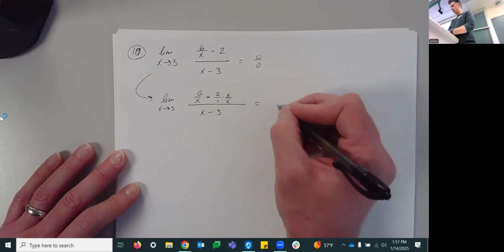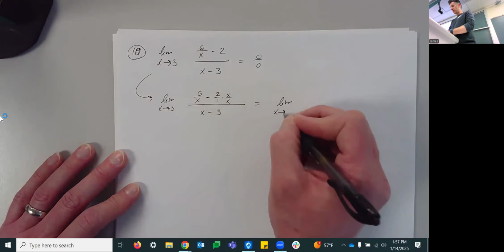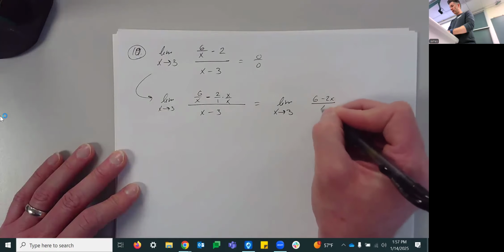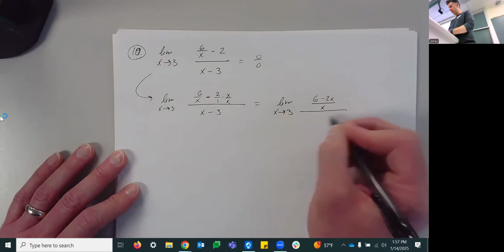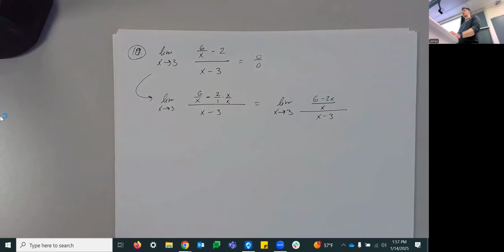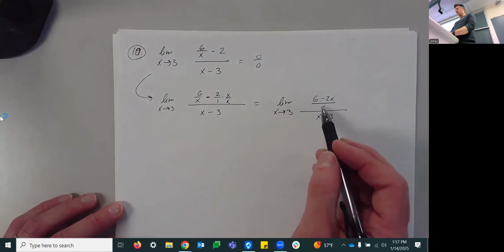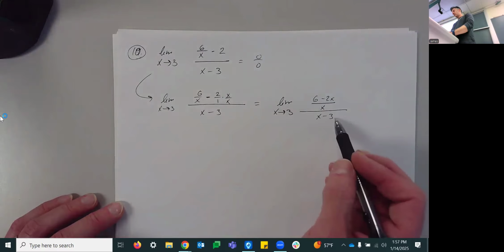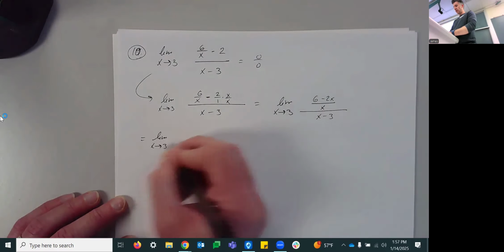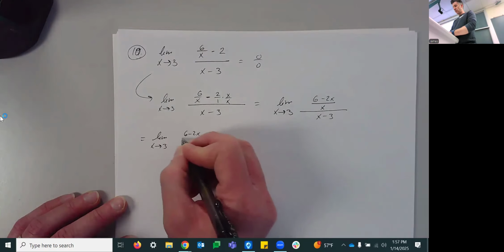Simplifying the numerator here, we're going to get the limit as x approaches 3 of 6 minus 2x over x, all over x minus 3. I do not love fractions in fractions, so I would rather not have that. So instead of having 6 minus 2x divided by x, all divided by x minus 3, we're going to rewrite this as the limit as x approaches 3 of 6 minus 2x over x.